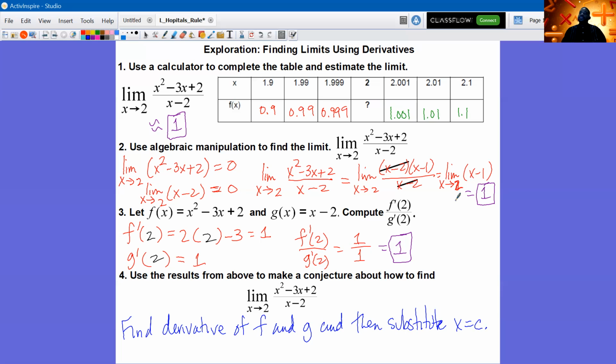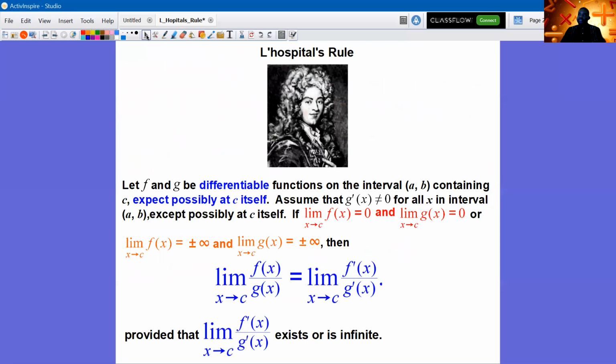That conjecture leads to the main topic of this video, which is L'Hopital's rule. And this is L'Hopital's rule right here.